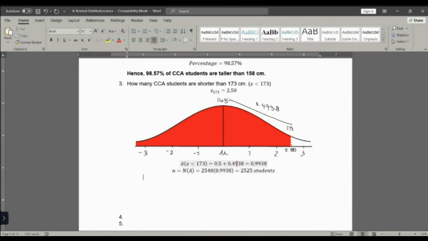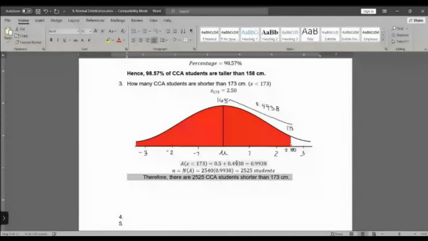Therefore, there are 2,525 CCA students shorter than 173 centimeters.